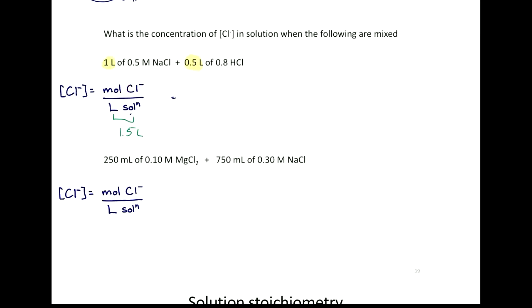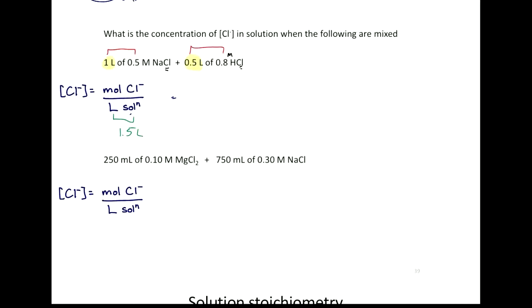So we need to take into account the concentration. Oh, there should be an M here. This should be 0.8 molarity HCl, sorry about that. We need to take into account the moles of chloride in both of those solutions. NaCl has some chloride present, and HCl also has some chloride present.